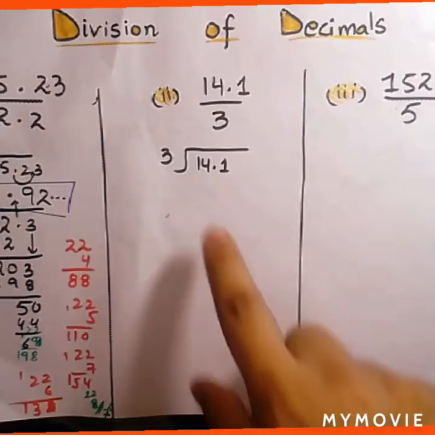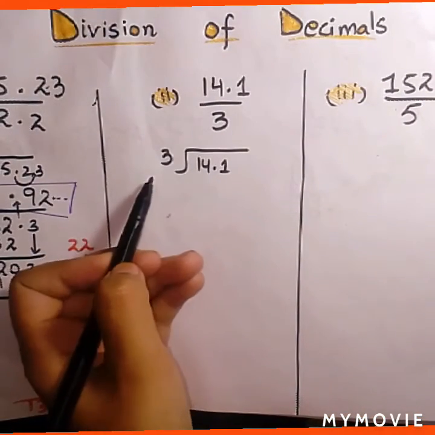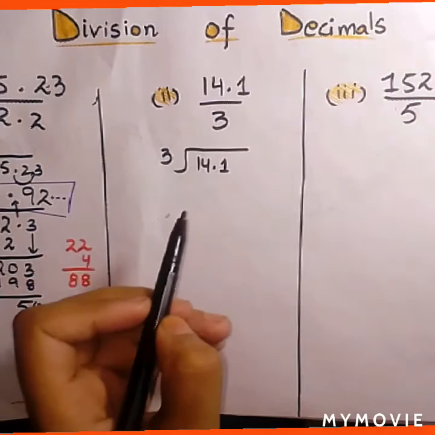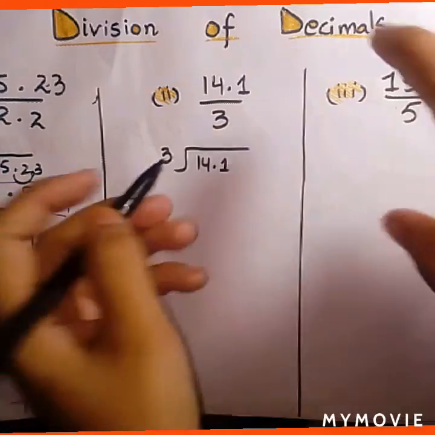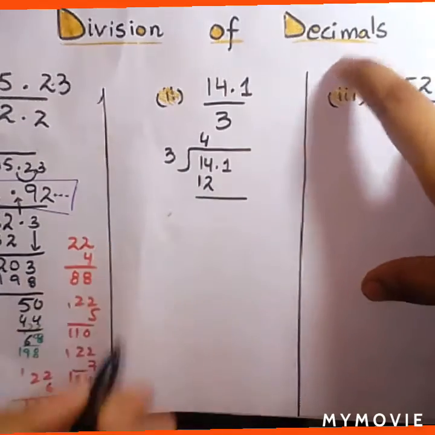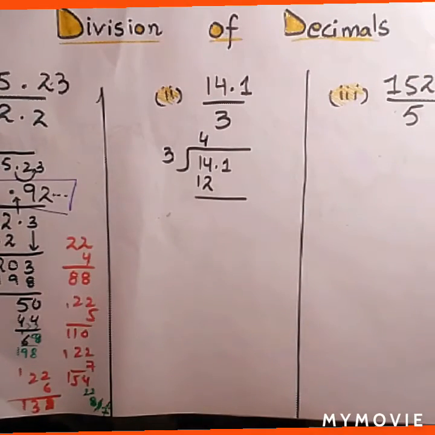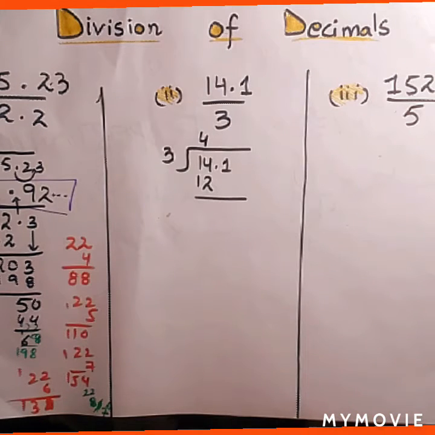Divide, choose the first value. The first value is less than the divisor, that's why I am choosing 2 values. We check when they come in the 3 table. 3 times 4 we get 12, which is less than 14, otherwise we may go beyond 14. That's why I am choosing 3 into 4. 3 into 5 we get 15.